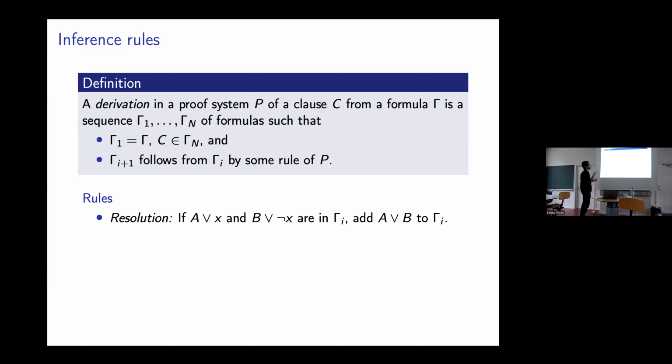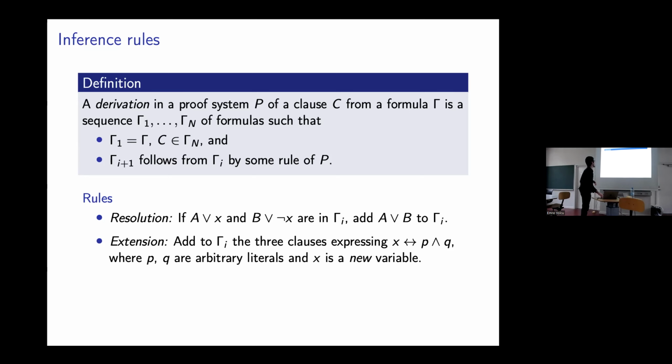So a resolution proof proceeds by adding clauses in this manner to the formula until it's able to apply this rule to some variables such that A and B are empty, and it derives the empty clause, and at that point the proof is done. And we will also take as our size measure the length of those proofs. So capital N here, for instance, I will say is the size of the proof.